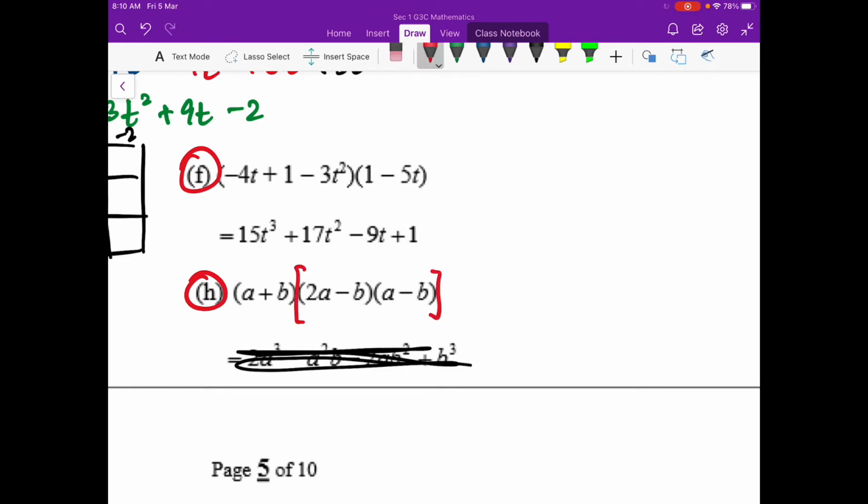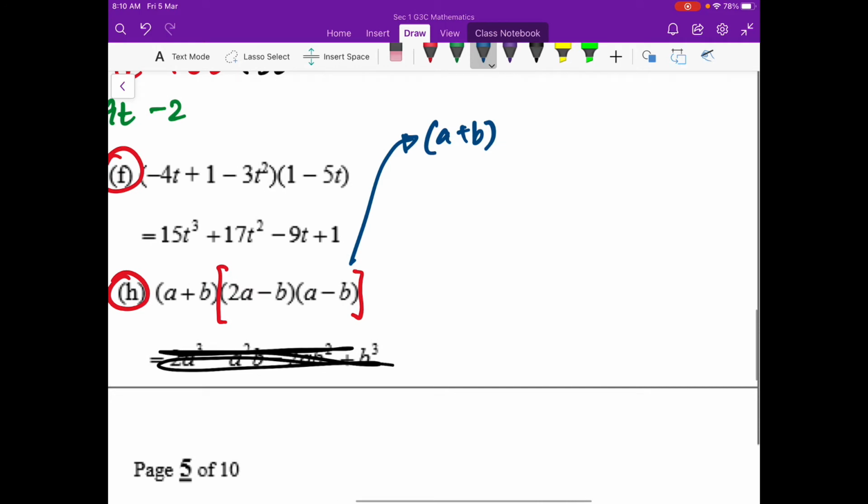two pairs. Okay, so I'm going to deal with the square brackets first. So let's start. A plus B, I'm not touching that. I'm just keeping it there first. And then inside my square brackets, I have 2a times a, 2a squared. 2a times negative b, minus 2ab. Negative b times a, negative ab.